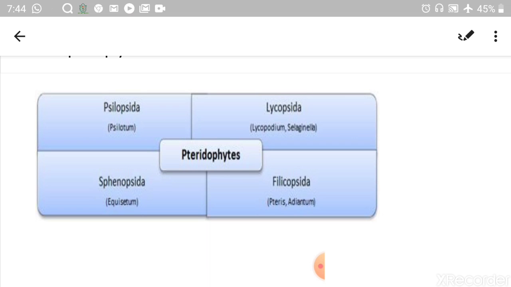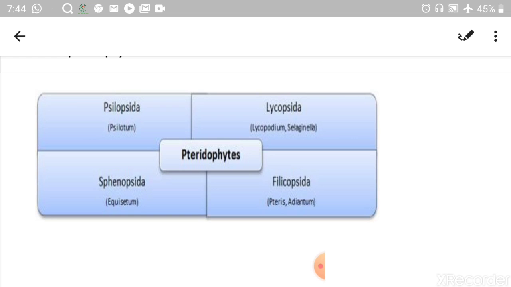These pteridophytes have some economic importance also. They serve as food like other plants to the animals. They help in binding of soil even along the hill slopes and prevent soil erosion. Stem of Equisetum is used for cleaning of utensils and polishing of metals, and they are called scouring rushes.